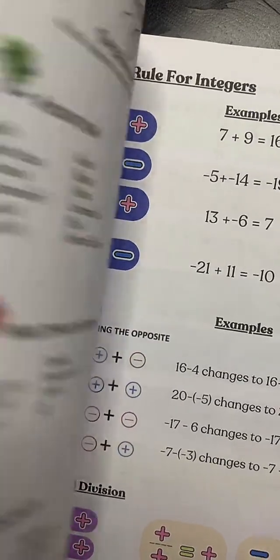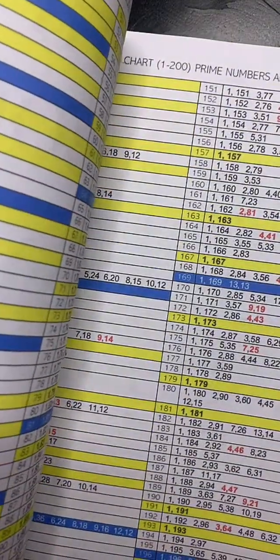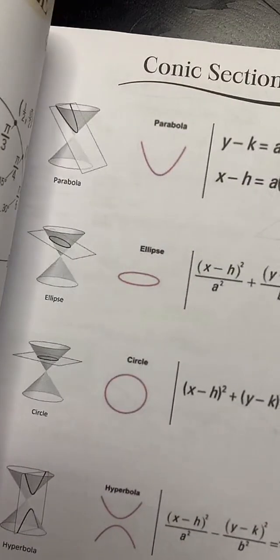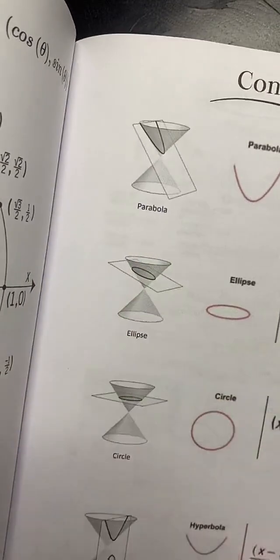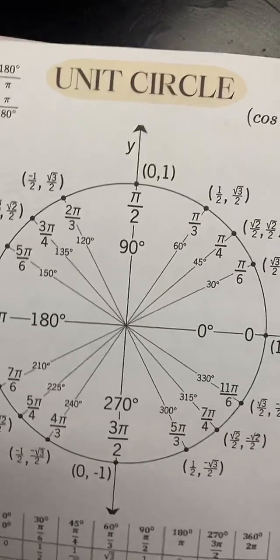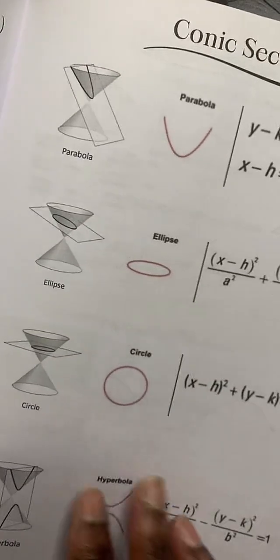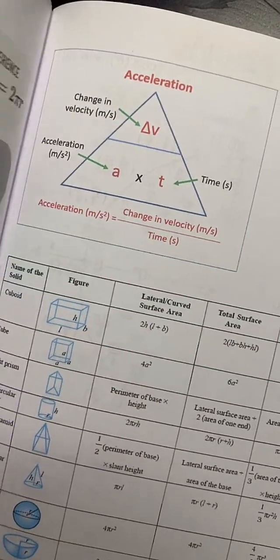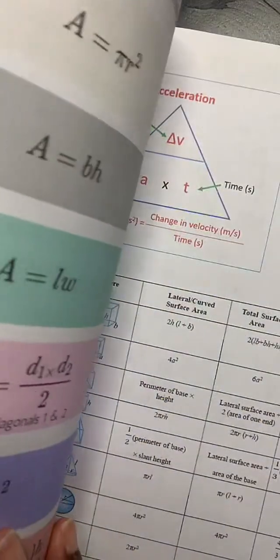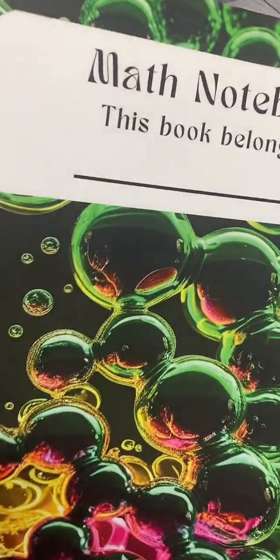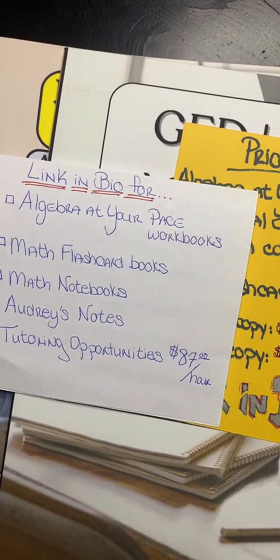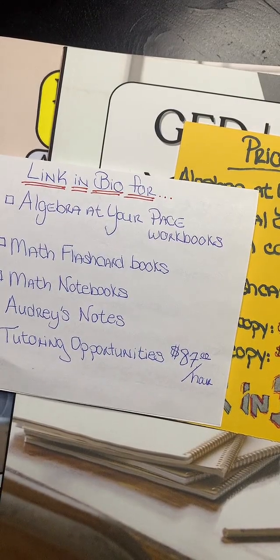And of course at the back end, again, here's all my resources. Here's that factor sheet that I was talking about. If you're doing Algebra 2 or pre-calculus, you're going to probably hit the conic section and also the unit circle. Okay, so some of my geometry people. A lot of those resources are on the back of some of these books. So this is just a notebook that you're going to need to organize. All right, so everything's there.